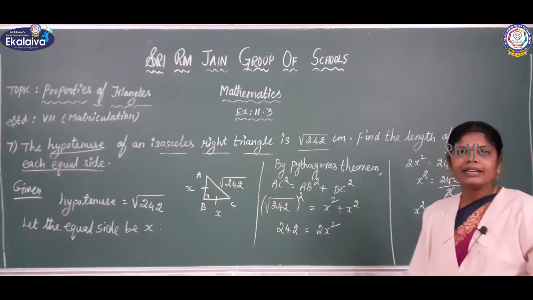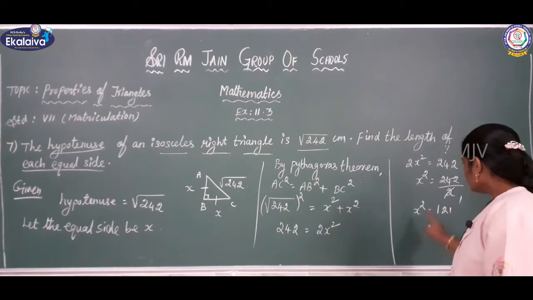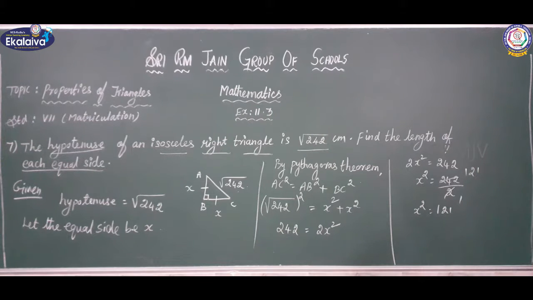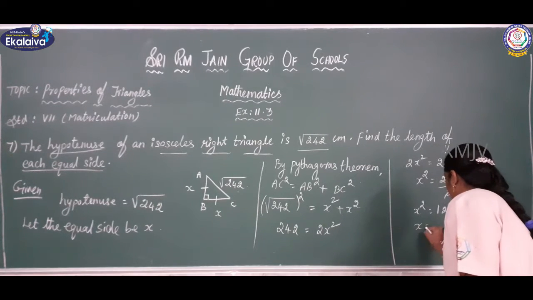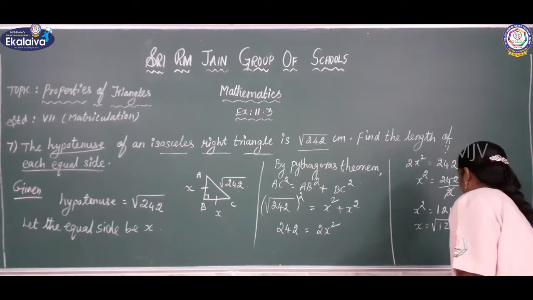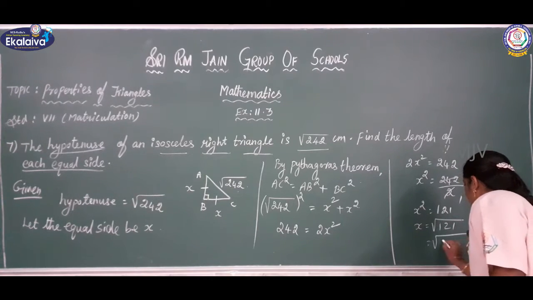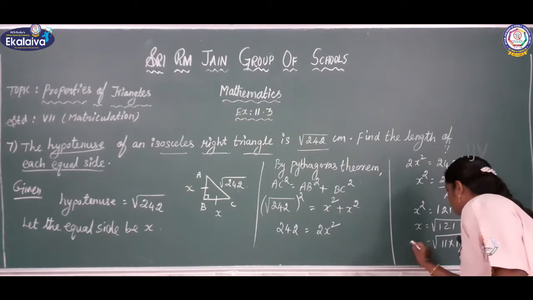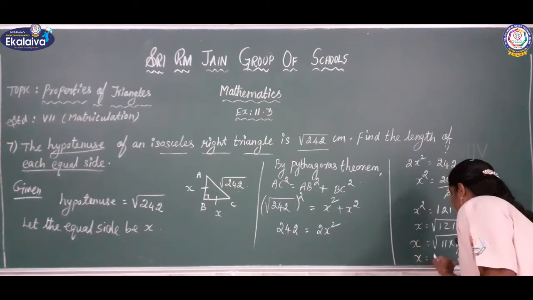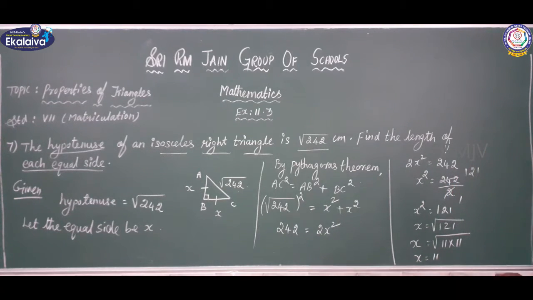But we need to find out the x value. So the square will change to square root. x equal to square root of 121. So how can you split this? Root of 11 into 11. So x equal to 11 centimeter.